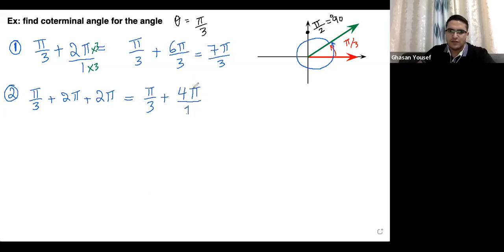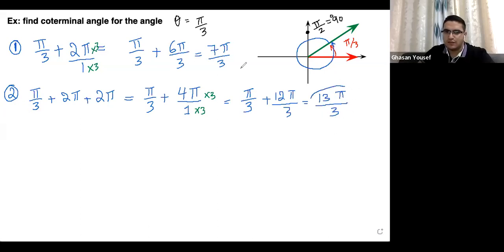This is actually 4 pi over 1, so you multiply both sides by 3, same as before. Now the answer is pi over 3 plus 12 pi over 3, which is 13 pi over 3. So this angle is coterminal to pi over 3, the original one.